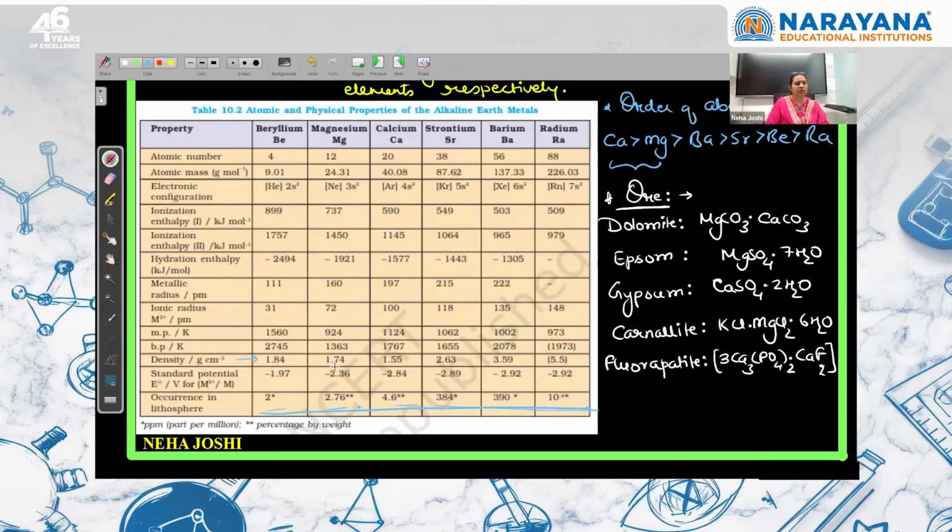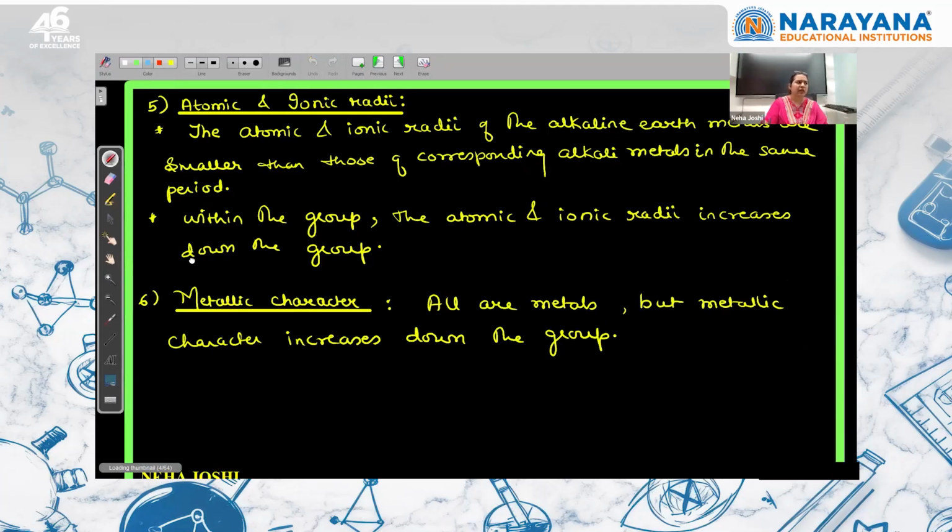There were few hiccups like decreasing, decreasing, again increasing. Otherwise, nothing much. We don't have to carry any information in our brain regarding melting and boiling point of these metals, so I'm not paying attention to this. Atomic and ionic radii, normal, nothing to discuss.